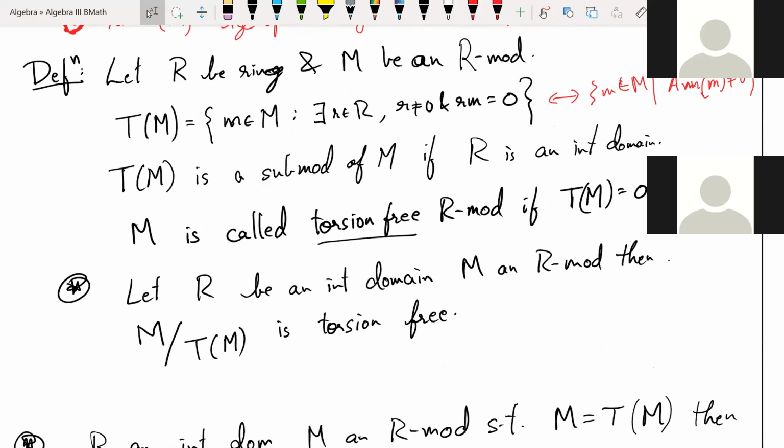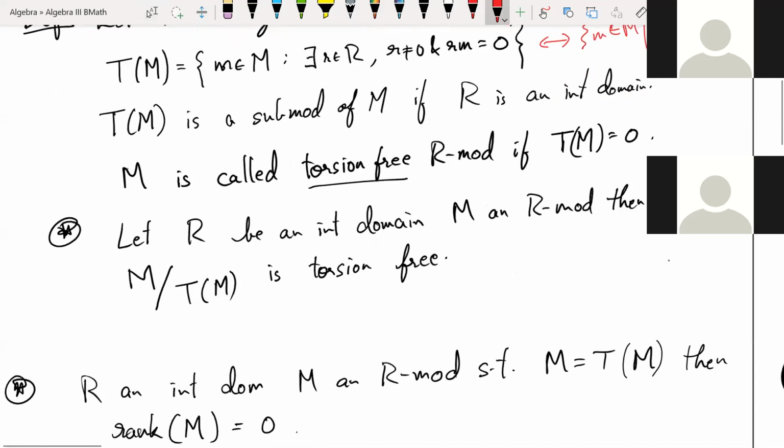And we saw that if R is an integral domain and M an R module, then M mod T(M) is torsion free, meaning it doesn't have any torsion element. So this we argued last time.